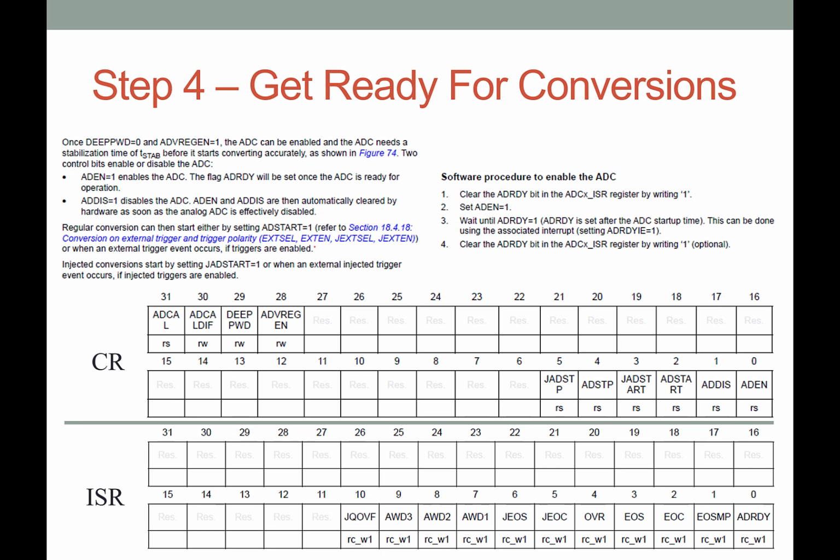And then the next step is, okay, we got to get ready for the conversions. It says, once we've turned off deep power down, and we've done the voltage regulator, the analog to digital converter can be enabled, and we have to wait a certain length of time, and we have to enable the clocks.